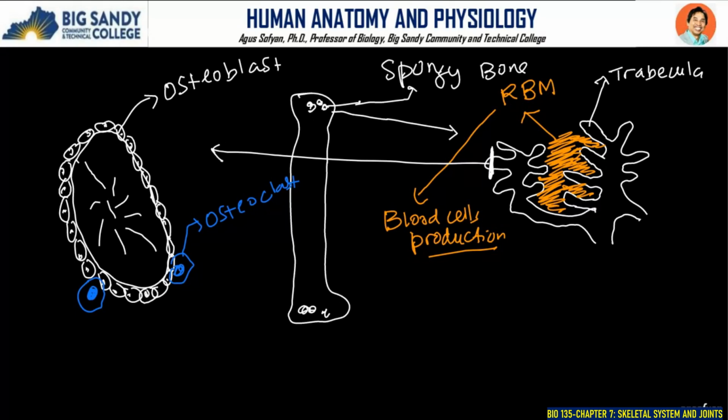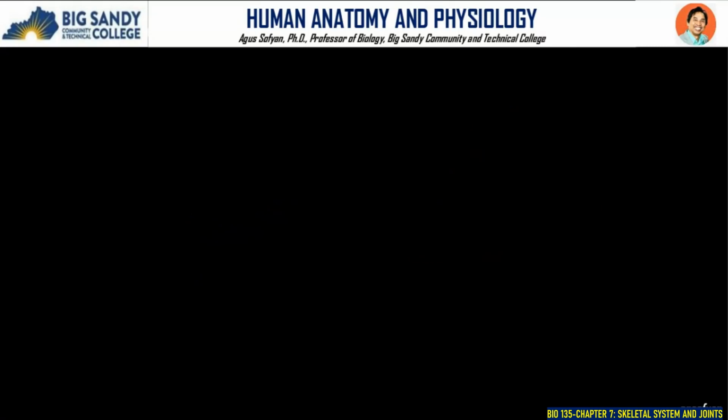Now we will learn a little bit about bone as an organ. So we talked about bone as a tissue, and right now we're going to talk about bone as an organ.